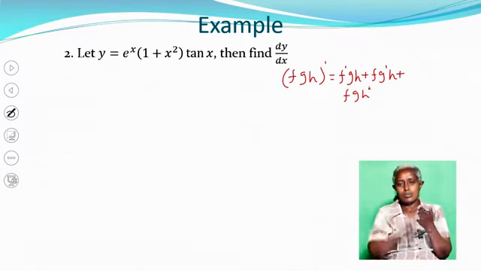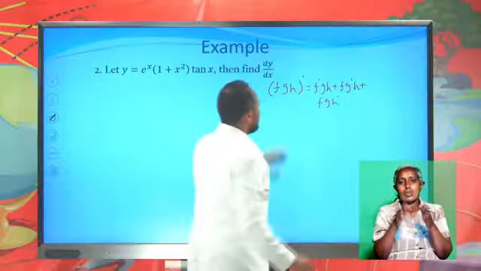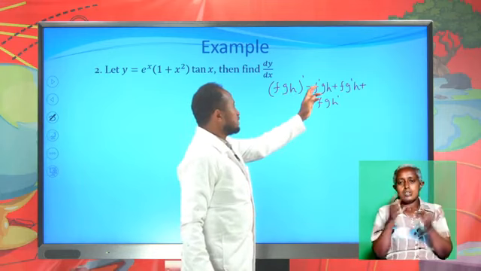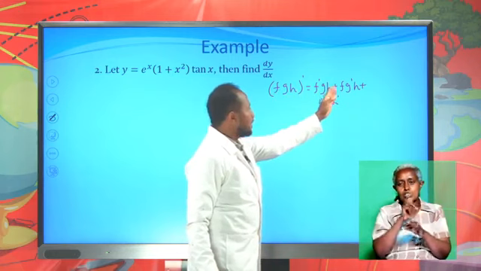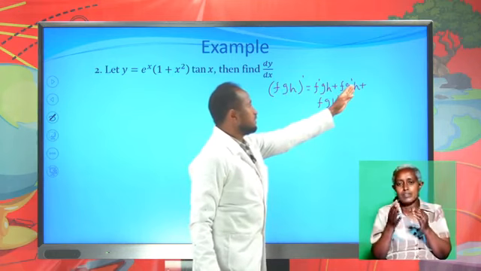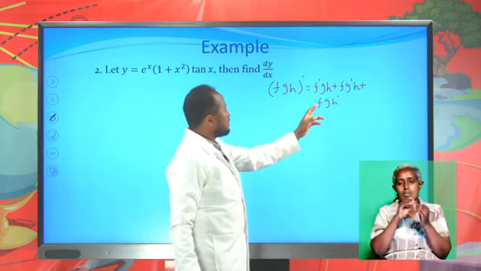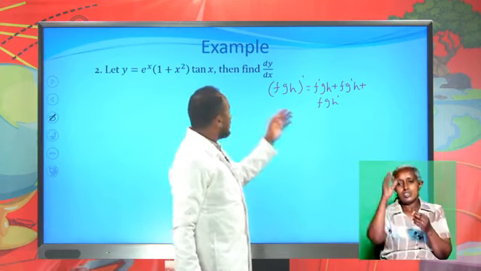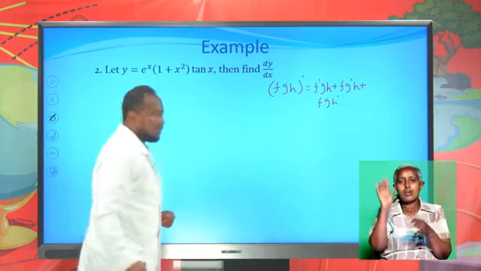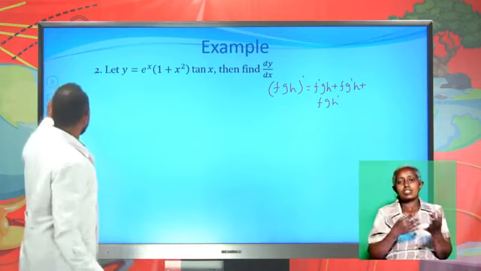So for the product of three functions, the product rule will be the first function derivative multiplied by the two functions g and h, plus f times g derivative times h, plus f times g times h derivative. So applying this formula, we can find the derivative of this expression.